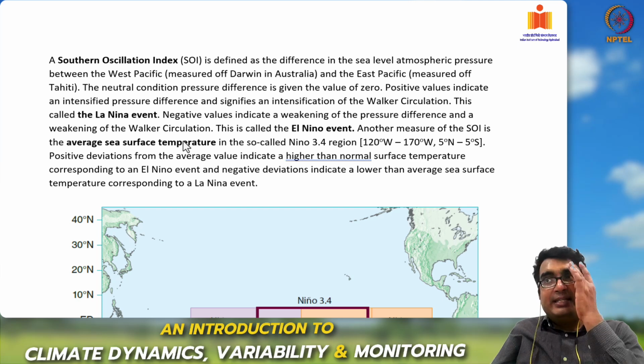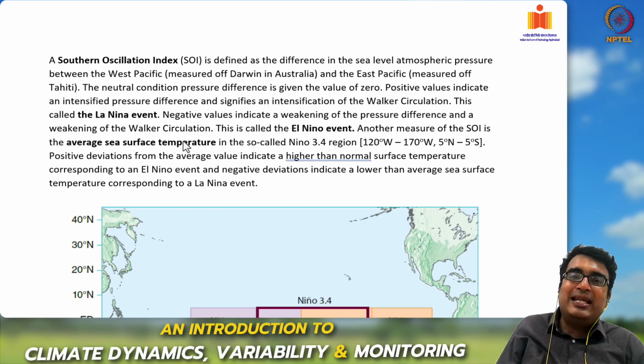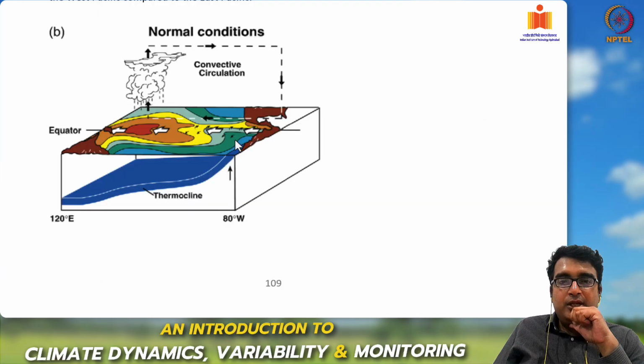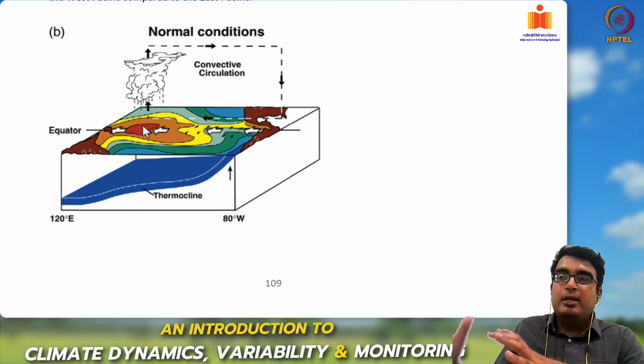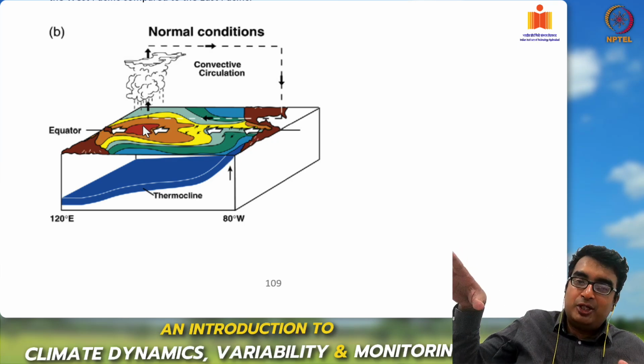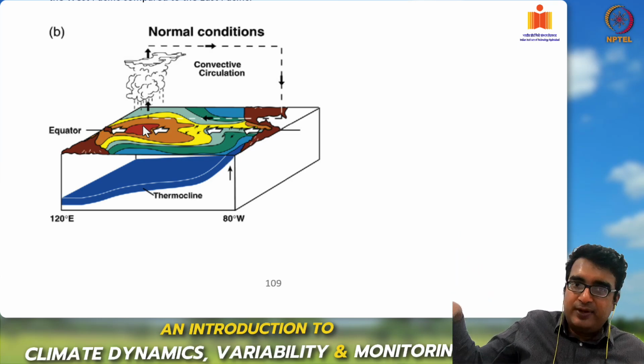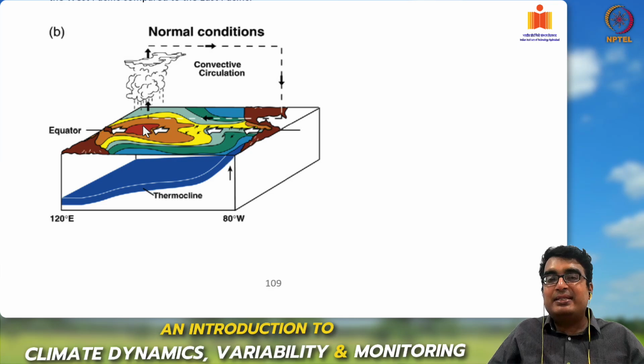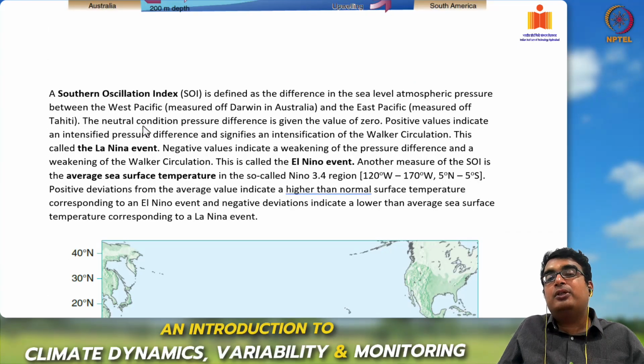Now we can define something called the Southern Oscillation Index, SOI, which is defined as the difference in the sea level atmospheric pressure. The pressure on this side and the pressure on this side. This is high pressure, this is low pressure. The difference between the high pressure in the East Pacific and the low pressure in the West Pacific is defined in terms of the Southern Oscillation Index.